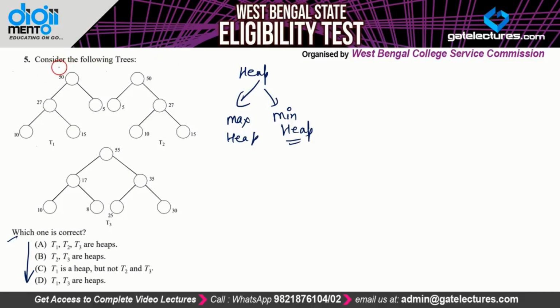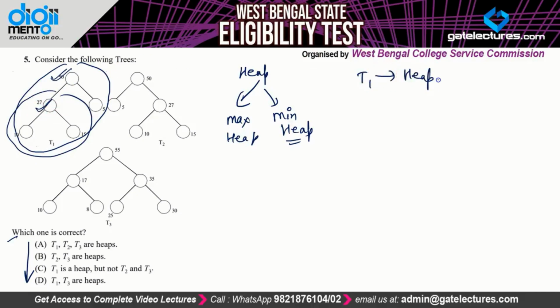Now let us check tree number 1. In the first tree, out of all the data, this is the maximum data, that is correct. Here also the root is containing the maximum data, that is correct. So T1 is representing a max heap. In case of T2, in the entire tree, this is the maximum data, that is correct.